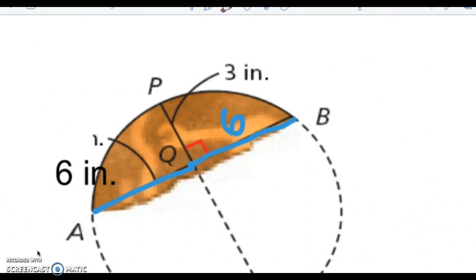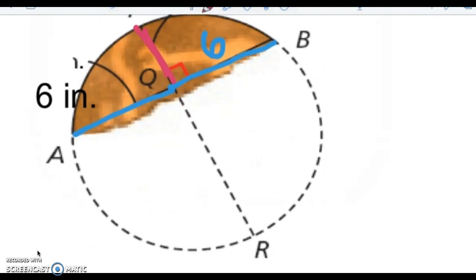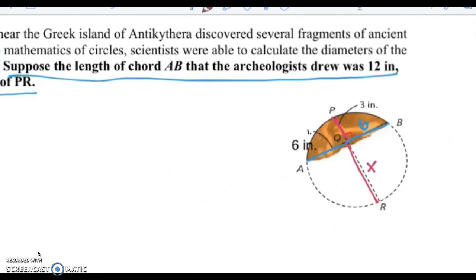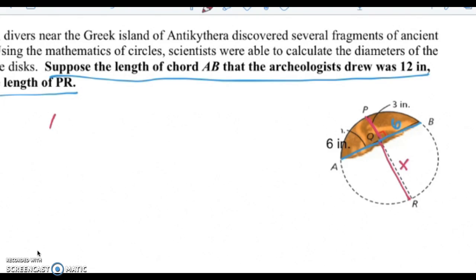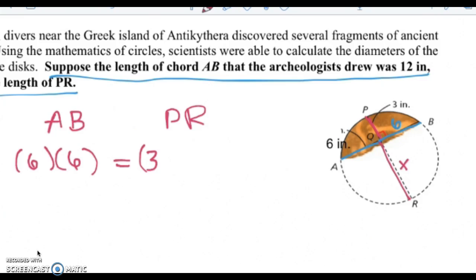I'm going to use a different color for this actually. And so now I want the length of QR. That's going to be my unknown here. And we can add those together to get the answer. So for AB and for PR, I'm going to do the same thing. I'm going to do part times part equals part times part.